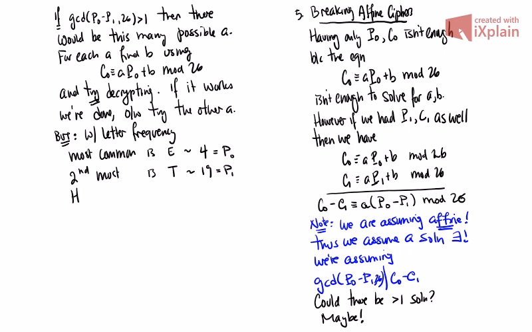So in this case, P0 minus P1, make these bars, is 4 minus 19, which is negative 15.